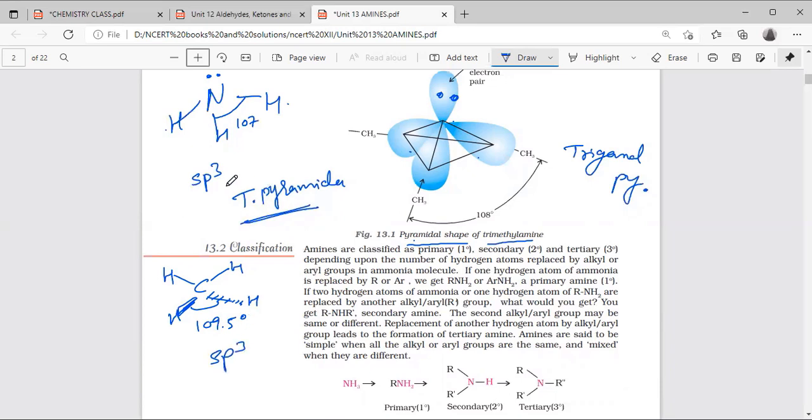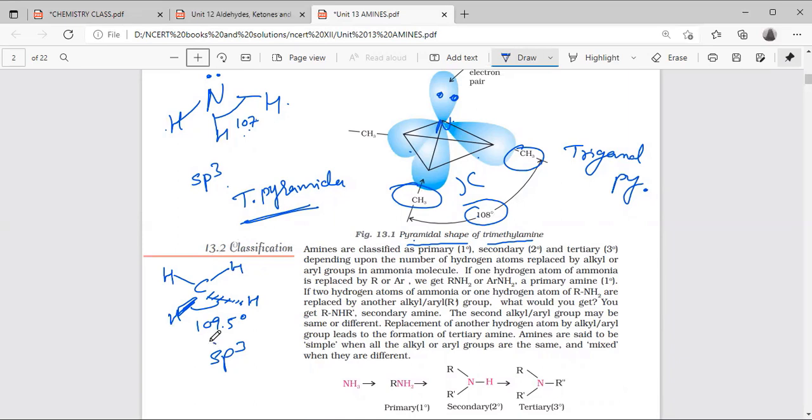Here also sp3, but 107, around 2 to 2.5 degrees less. Why? Because of the lone pair. So it is similar to the nitrogen structure, but instead of 107, it is 108 because of the big bulky groups, a little repulsion is there. Instead of 107, 108, a little more compared to NH3.